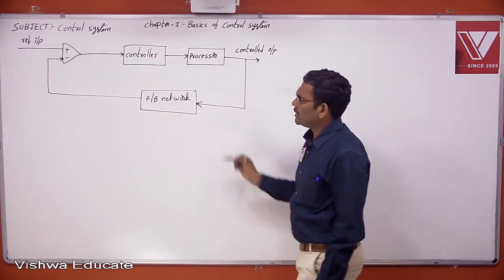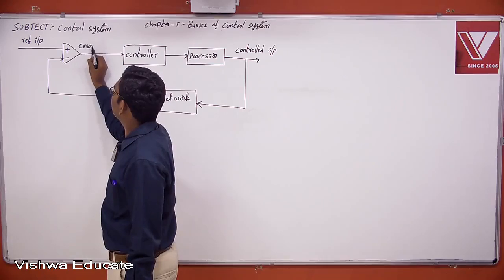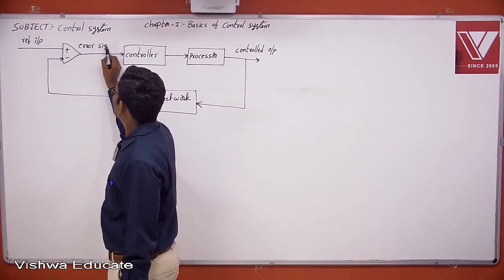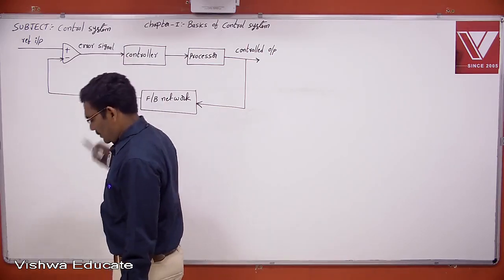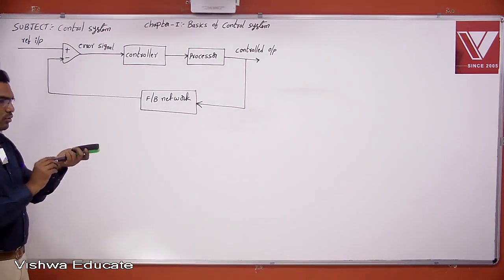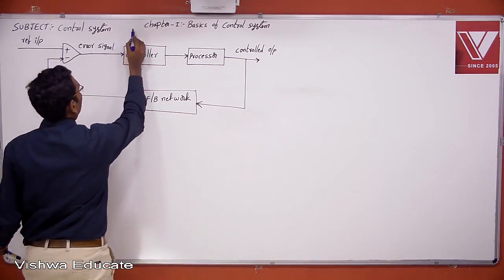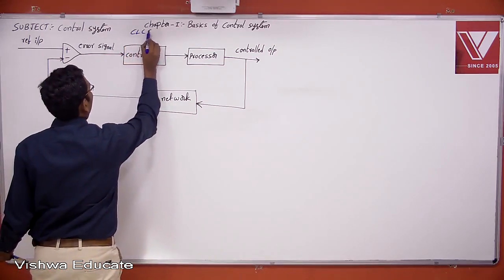Now see here, this we know, and this is the error signal. Now this is a mathematically equivalent model of closed loop control system. This is the closed loop control system.